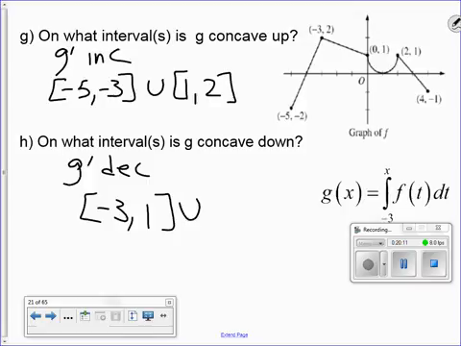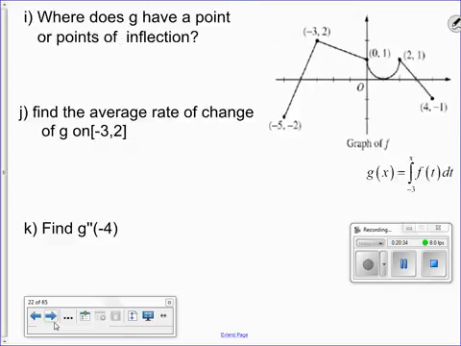All right. And you always have to justify any answer you give. Saying that g is concave down when g prime is decreasing, that's your justification.